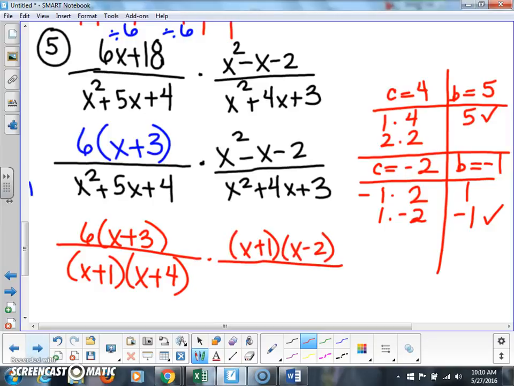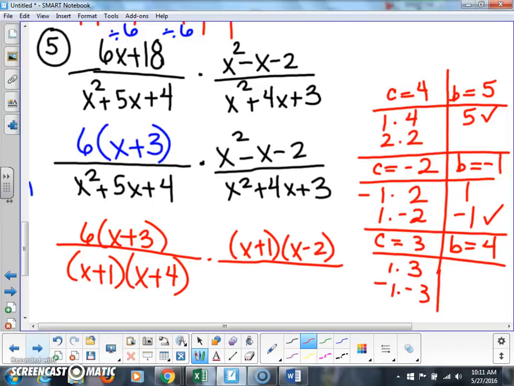Do the same thing for the denominator. You're going to write c is equal to 3, b is equal to 4. What are the factors of 3? 1 times 3. Negative 1 times negative 3, but 1 plus 3 gives you 4. So my factors are x plus 1 and x plus 3. Now that you have the factors of all the fractions, you can eliminate what's the same.